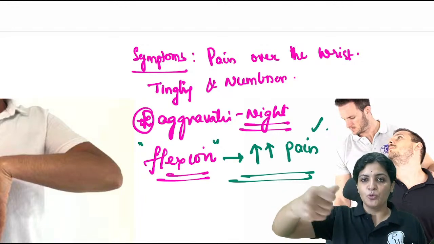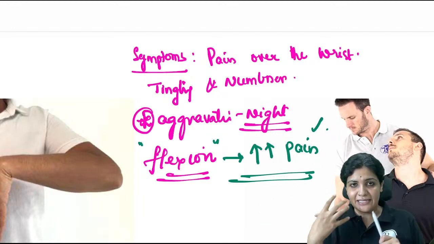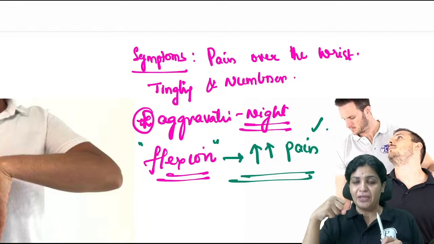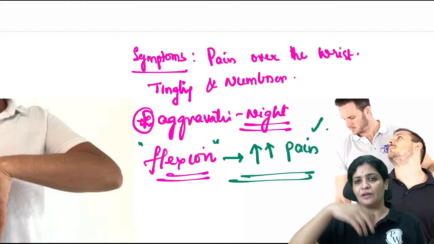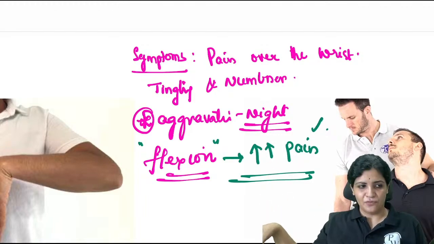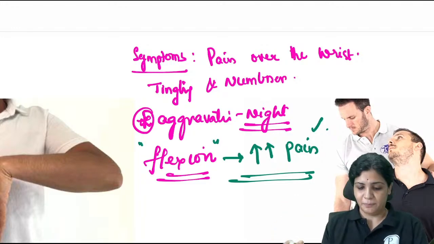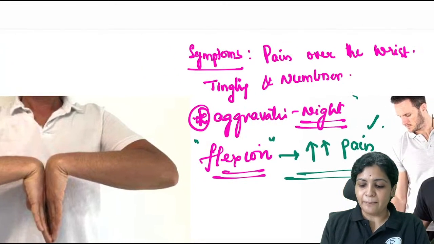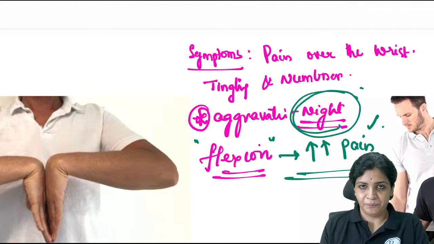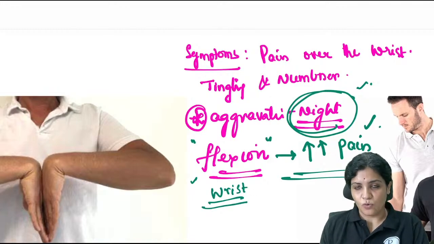And whenever they do cooking, there is also flexion of the wrist. At night, when we put our hand over the end of the bed, the flexion of the wrist results in an increase of the pain. That is why patients usually complain of pain at night.